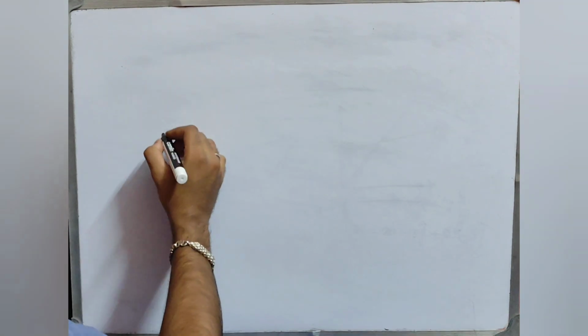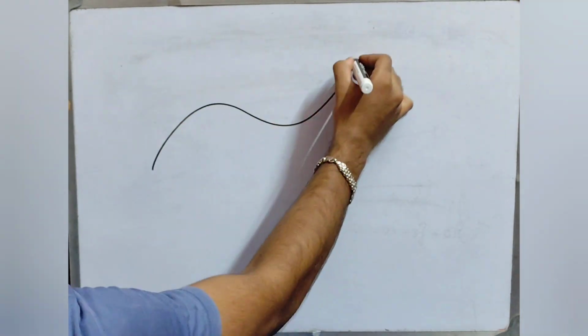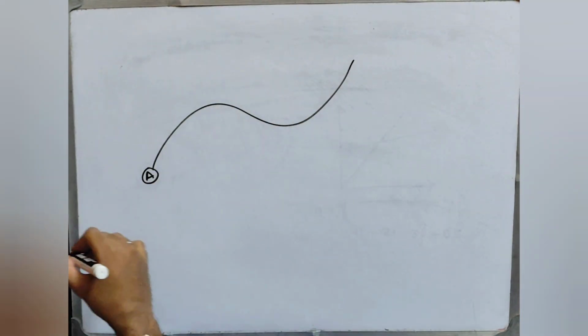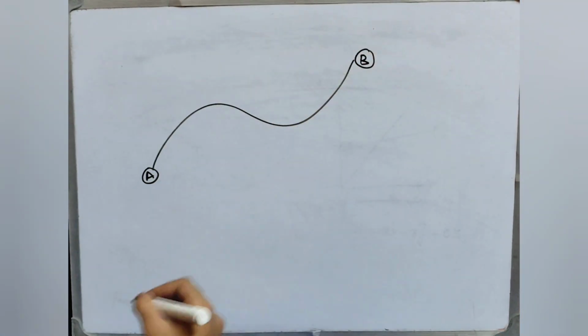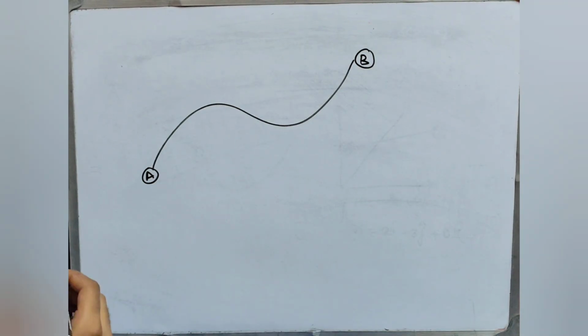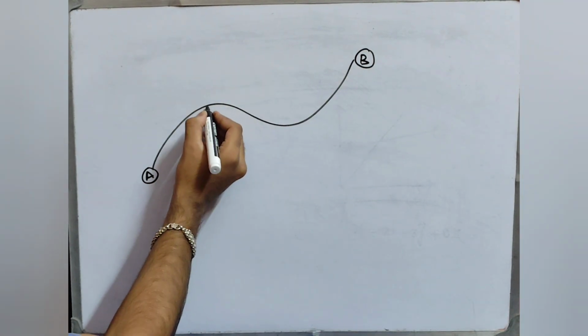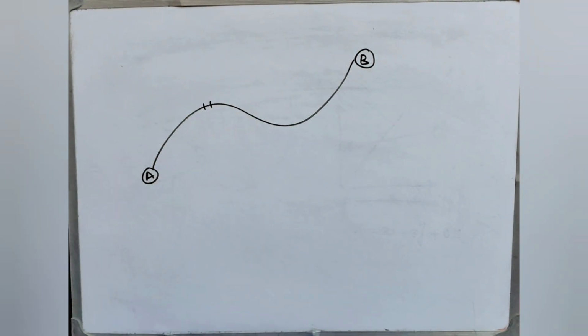Now let's have a look at instantaneous speed and velocity. Instantaneous means at a particular time, or over a small interval of distance, displacement or time. Suppose this is from point A to point B, and this is the distance.